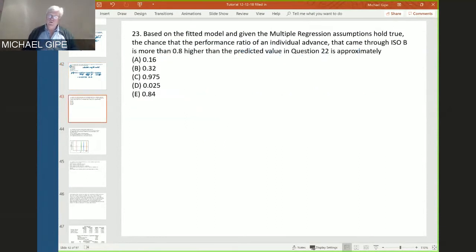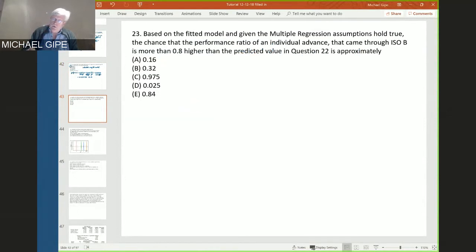Okay, question 23. Based on the fitted model and given the multiple regression assumptions hold true, the chance that the performance ratio of an individual advance that came through ISO B is more than 0.8 higher than the predicted value in question 22 is approximately what? Well, this is a little bit complicated, right?